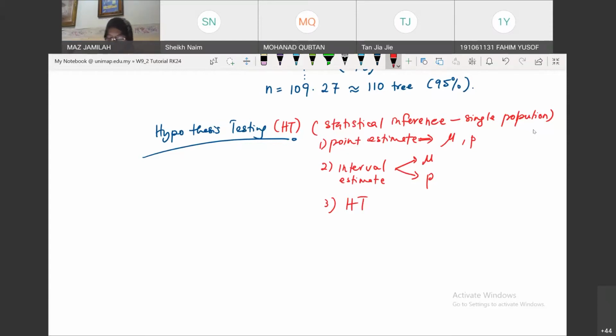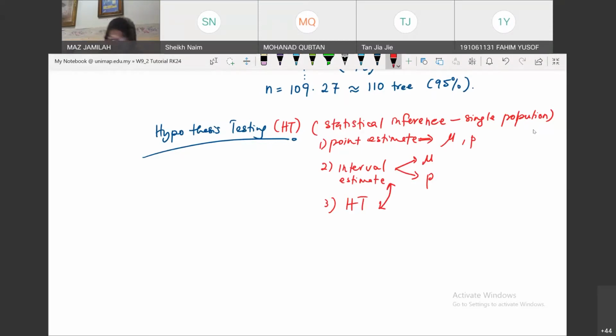Actually, hypothesis testing has a relation to the interval estimate. Later on, we will see. After we cover hypothesis testing, then it will be suitable for me to go back to the point of how the interval estimate has to do with hypothesis testing.